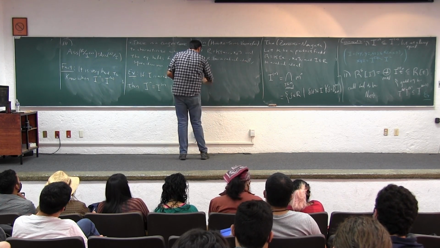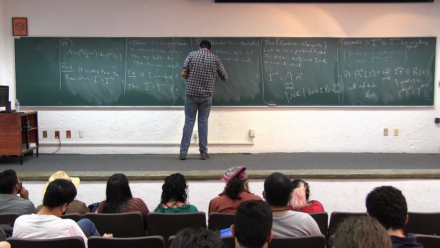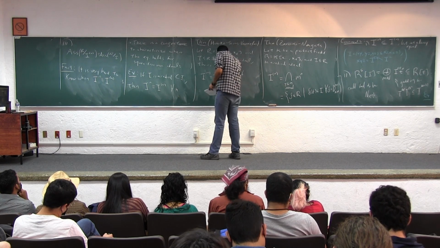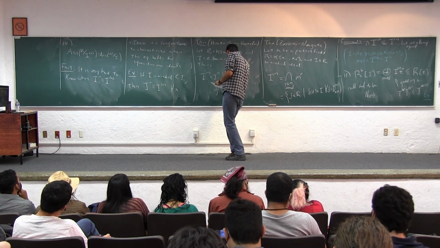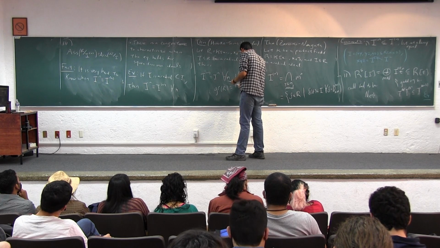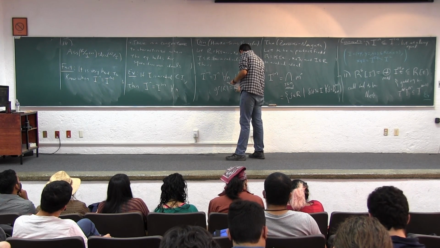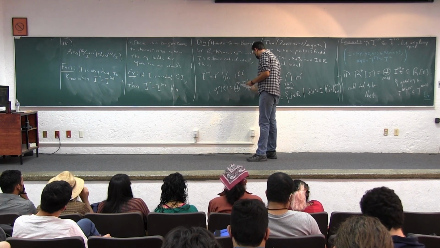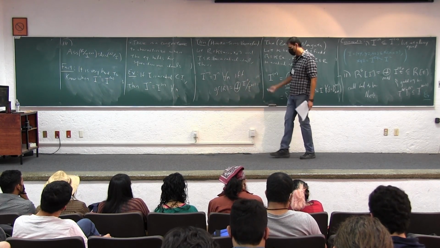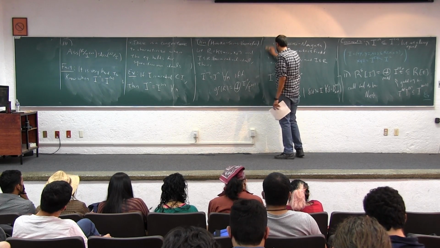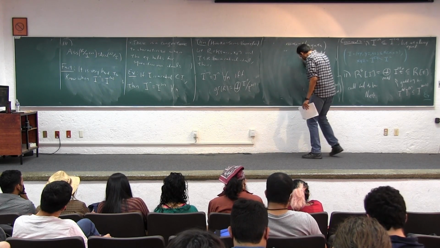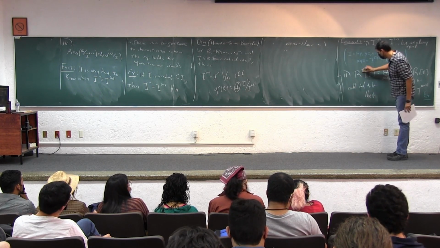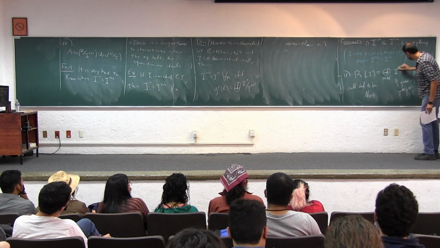Then the symbolic powers are equal to the ordinary powers for every n if and only if the associated graded ring of R, which is the sum of I^n over I^(n+1), this is the usual associated graded ring. You are familiar with the Rees algebra.